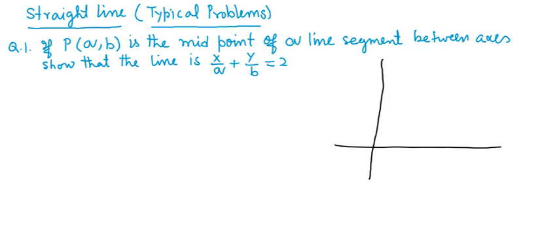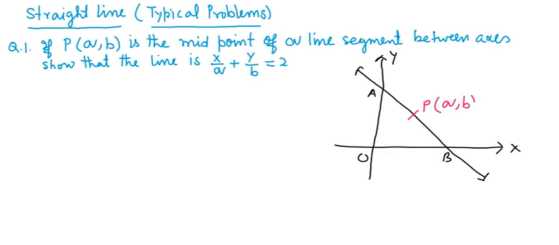See, these are the axes, this is the x-axis, this one is the y-axis, this is the origin, and this is a line. This point is A and this point is B. Here the midpoint is P, with coordinates (a, b).